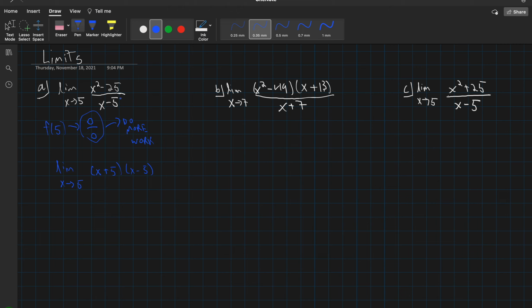So you end up with x squared minus 25. And then this is going to be divided by x minus 5. So these now cancel out. So limit as x approaches 5 of x plus 5 is equal to 10.